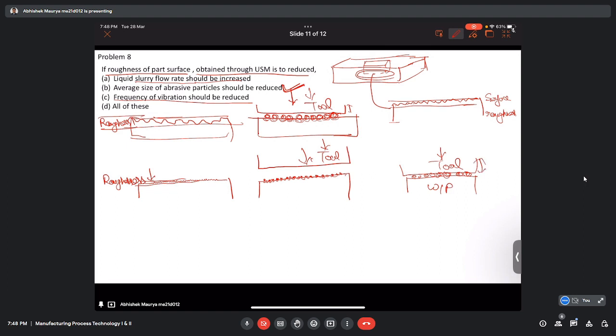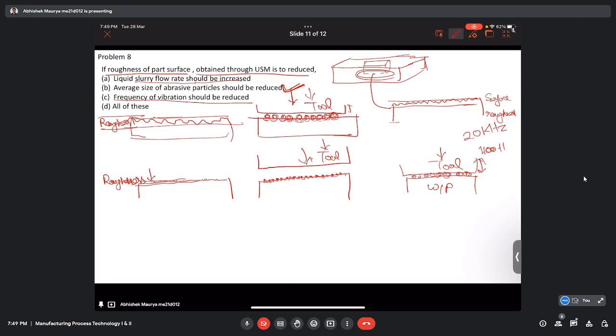Suppose we are at low frequency, let's say 100 hertz for example, but in actual the frequency which we apply is always greater than 20 kilohertz. If we are using 100 hertz, it means the tool is vibrating 100 times in a second. It means the abrasive particles can undergo machining a maximum of 100 times in a second.